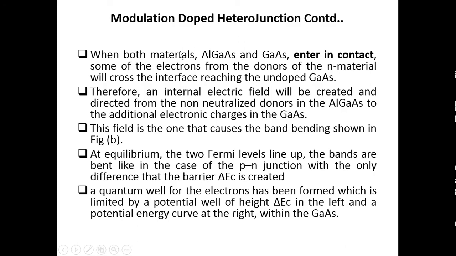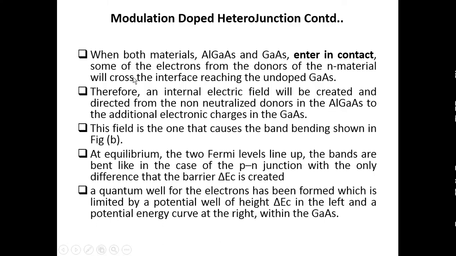So, from the lightly doped N-type aluminum gallium arsenide, some of the electrons will cross the interface and reach the undoped, or intrinsic, gallium arsenide. Therefore, an internal electric field will be created, directed from the non-neutralized donors in the aluminum gallium arsenide to the additional electronic charges in the gallium arsenide.